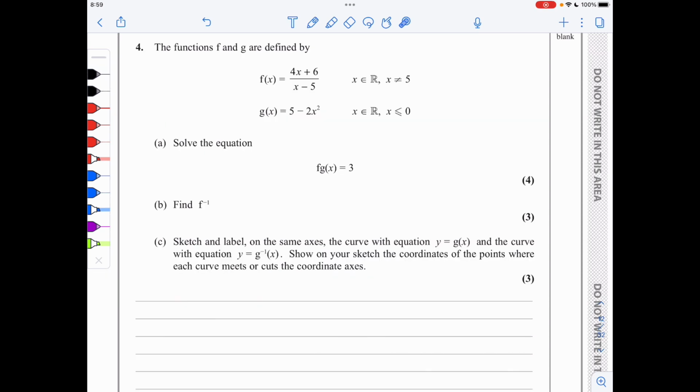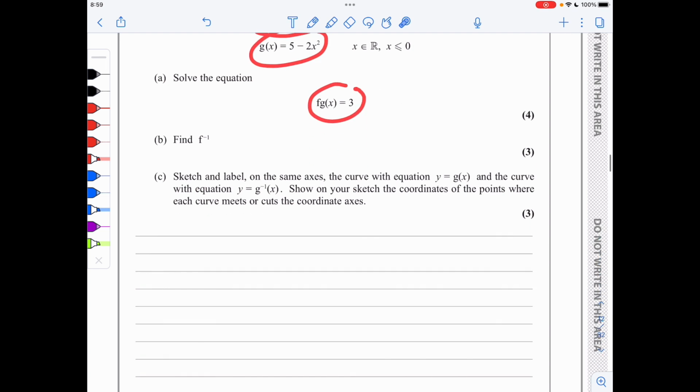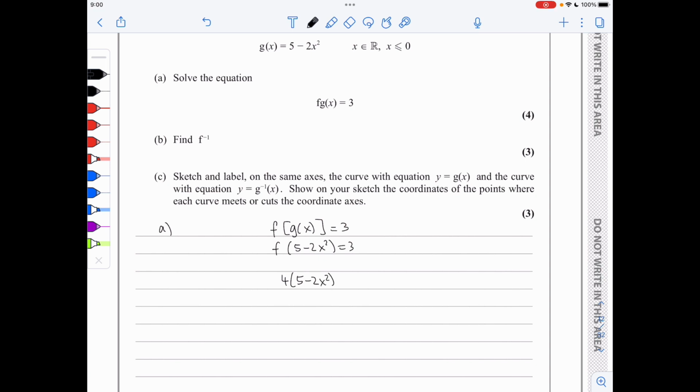In question 4, we've got the function f of x here and g of x, and we need to solve the equation f of g of x is 3. So it's a composite function, so we first need to do g of x and then input it to f. So we've got f of (5 minus 2x squared) is equal to 3, which takes us to 4 brackets (5 minus 2x squared) close brackets plus 6 over (5 minus 2x squared) minus 5 is equal to 3.